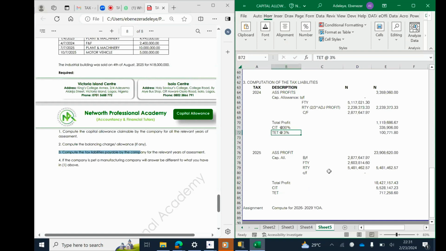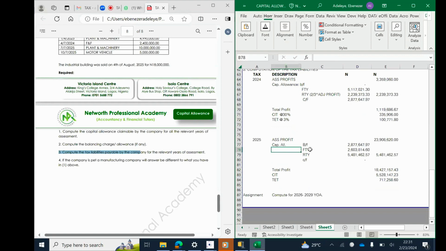2025 would have allowed, normally we allow this one. But because this would have resulted in a negative figure, we would have had to carry forward the remaining that we're not able to relieve here into 2025 and adjust this year as well.